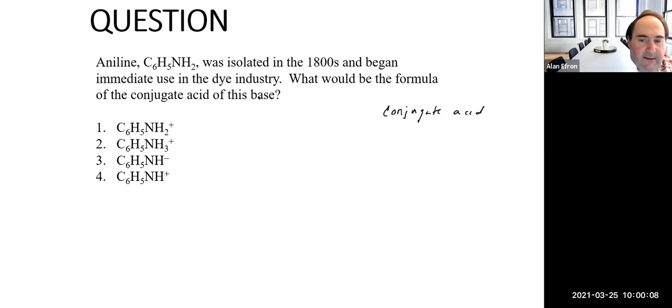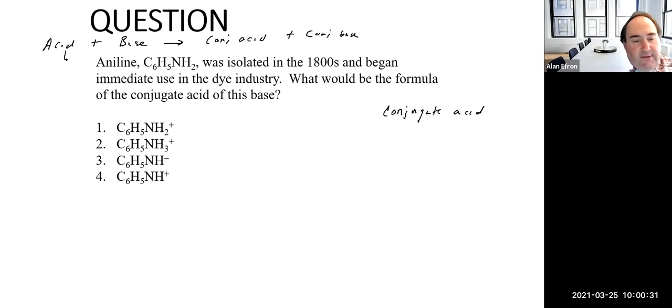They're nice enough to tell you that these are bases, and they may not always tell you that. So you always want to think about these things sort of backwards. Remember the general setup: acid plus base makes a conjugate acid plus a conjugate base. If you have an acid on one side, its partner on the other side would be the conjugate base.